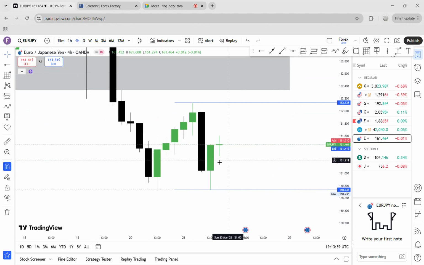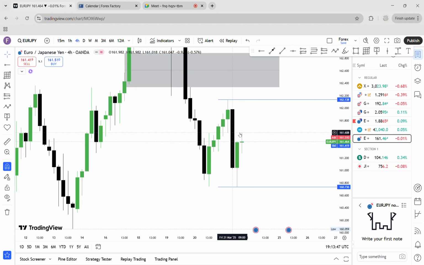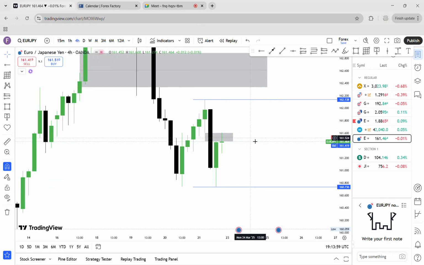You can literally see when we mitigate this order block, we move higher, then we created a fair value gap. This was not supposed to occur. This fair value gap means that price wants to turn around, wants to push down.